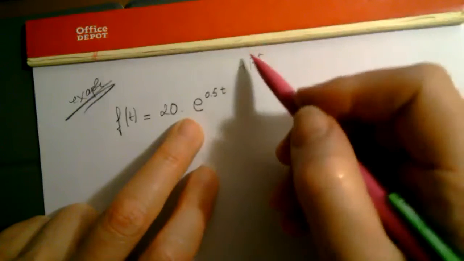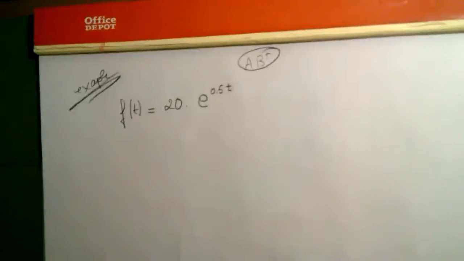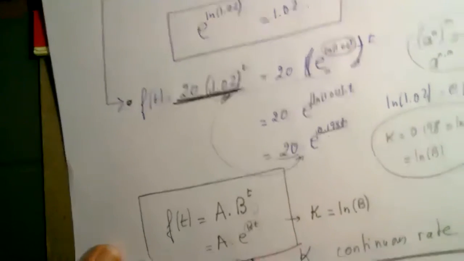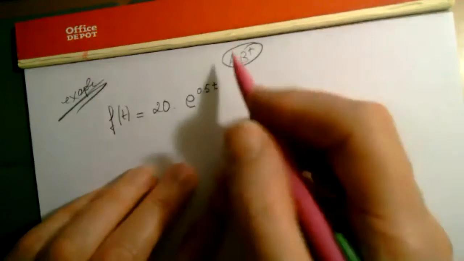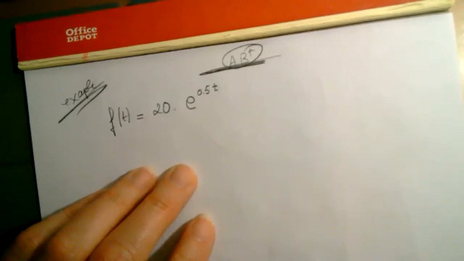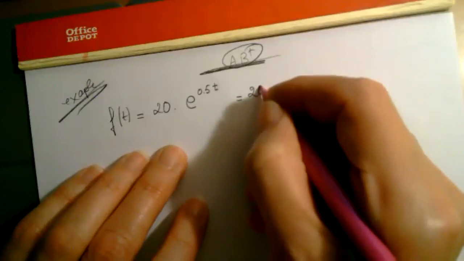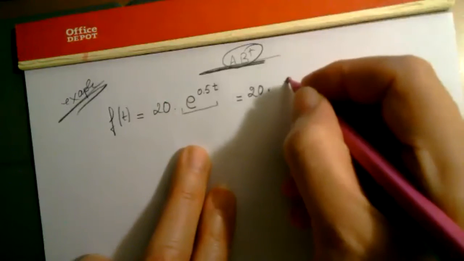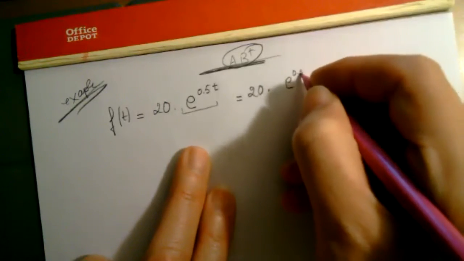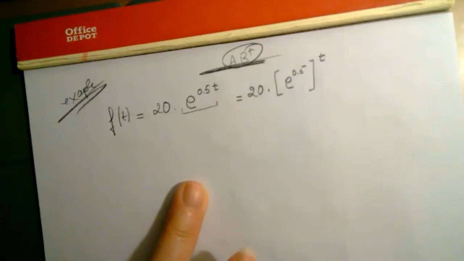So the question is, how can I rewrite it in a format that I can recognize? We're going two ways: from a b to the t to a e to the kt, and now I'm going to take you backwards. If somebody tells me this is your function, how can I recognize it as a times b to the t? So let's see which game I'm going to play. I'm going to take e to the 0.5t and rewrite it as e to the 0.5, the whole thing to the power t.